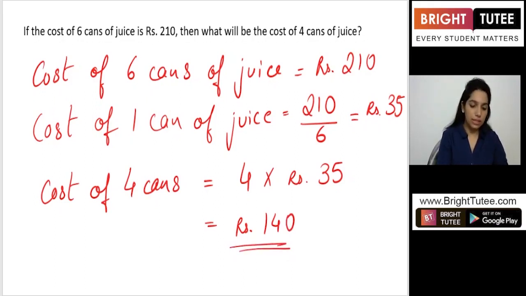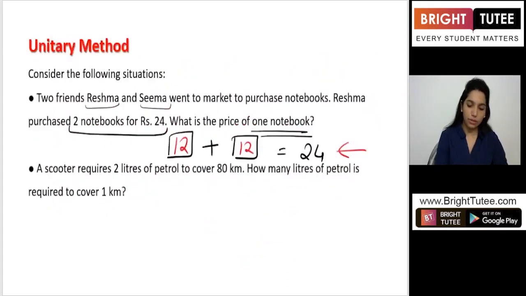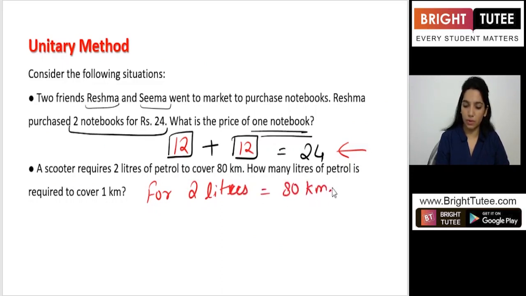Now let us see the example that we have left here. It says a scooter requires 2 liters of petrol to cover 80 kilometers. So for 2 liters, it is 80 kilometers. Okay.